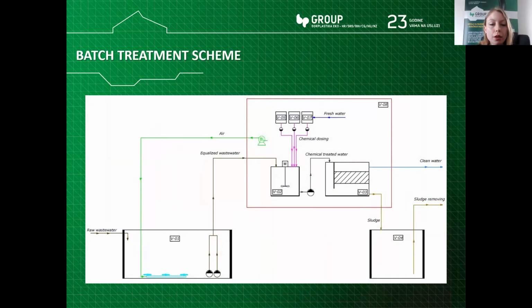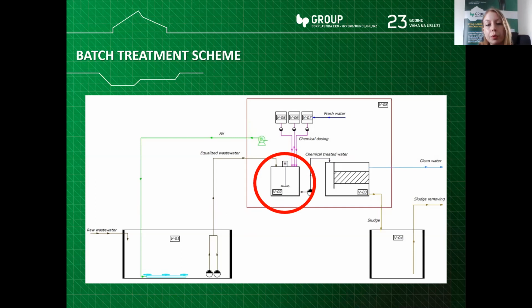First, we also have a mechanical pretreatment for removing the solid particles, and then water goes to the equalization tank. Air is blown by a blower into the equalization tank to provide mixing of water. After that, water goes into the physical-chemical reactor.